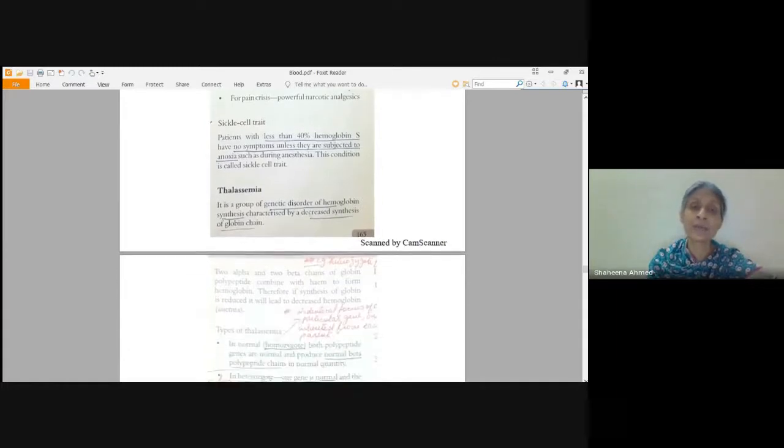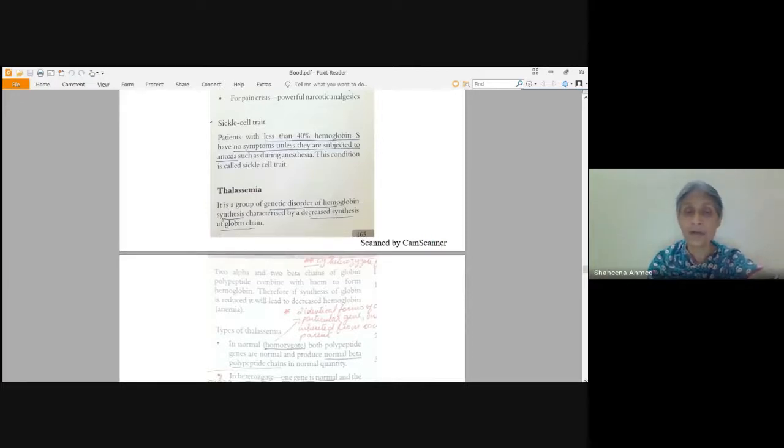Now there is a thing known as sickle cell trait. In patients who have sickle cell trait, less than 40% of the hemoglobin is of the variety hemoglobin S. The rest of the hemoglobin is normal. So under normal conditions, if they are not subjected to any anoxic condition, these people can live a normal life.